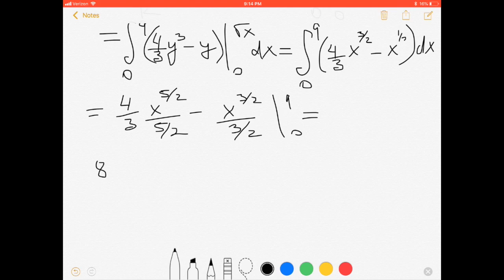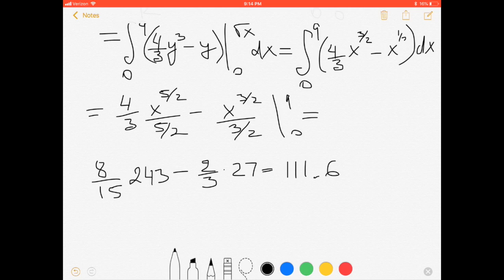It will be 8/15 times 9 to the power 5/2, which is 3 to the 5th power, 243, minus 2/3 times 27. And I use a calculator here. It will be 111.6.